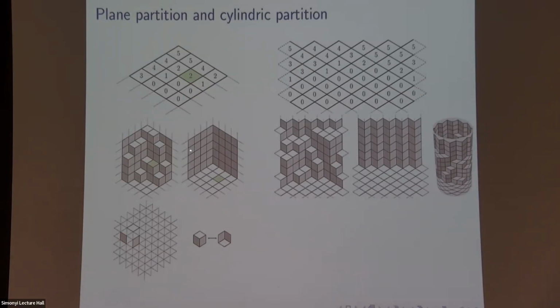However, it's clear from this picture that I can also think about it as a Lozenge tiling of the whole plane triangle lattice by lozenges of these three types, which are shown in different colors. And our Lozenge tilings have some boundary conditions.